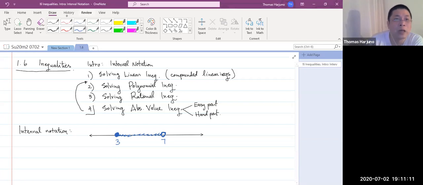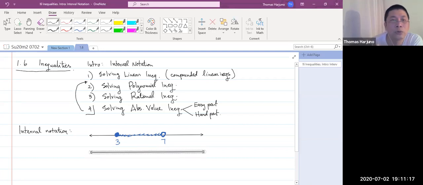Okay, now, because you need to go to calculus, we will need to transition you to calculus notation. If you include the endpoint, we will use a bracket. And if you don't include the endpoint, you use parentheses. Now, the good thing about this notation is you actually don't need to shade the middle because it implicitly means so.